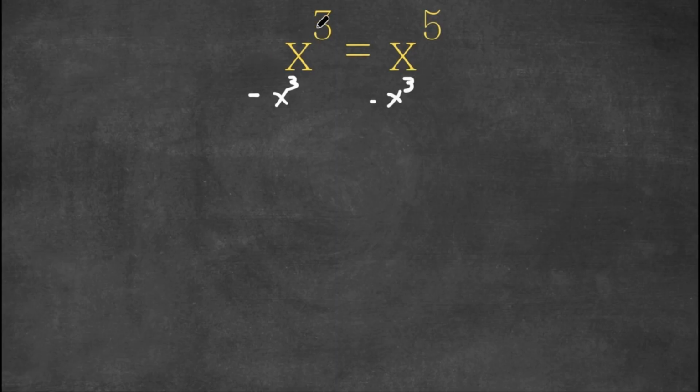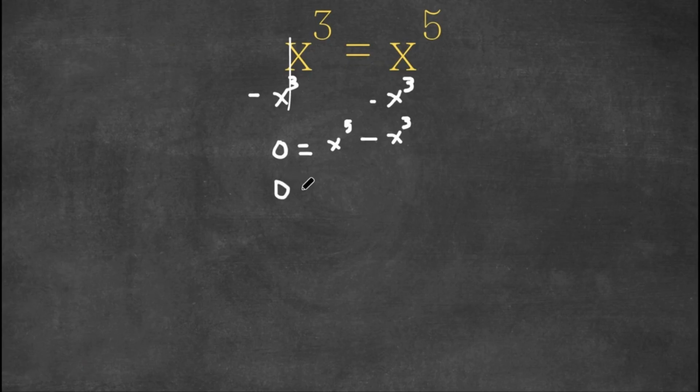For this side, x to the power of 3 minus x to the power of 3, these two just cancel out, so we get 0 equals x to the power of 5 minus x to the power of 3. Now we're actually going to factor out x to the power of 3 from this, because that is the greatest common factor of these two terms.